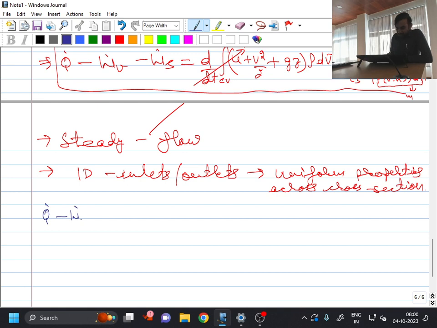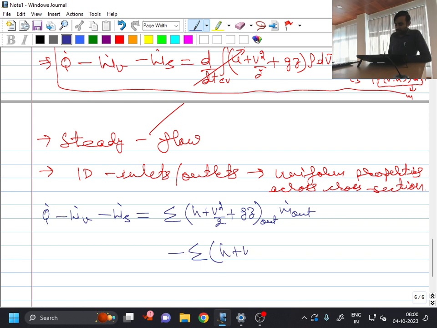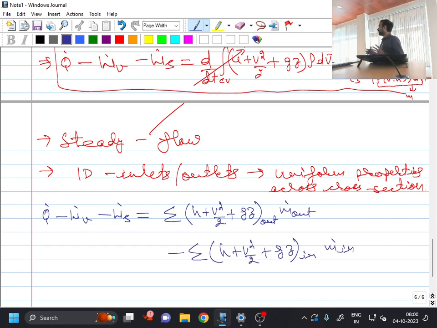Q dot minus W dot V minus W dot S is equal to summation of H plus V square by 2 plus GZ for outlets into mass flow rate at the outlets, minus summation of H plus V square by 2 plus GZ for inlets into m dot at the inlets. Fine. So we have got a simple algebraic equation.